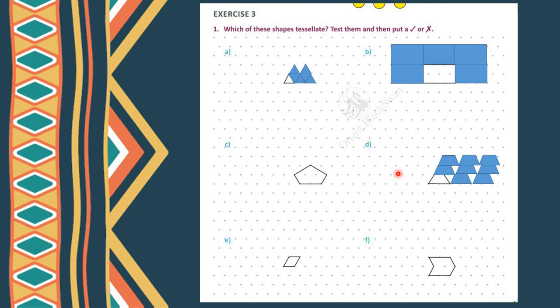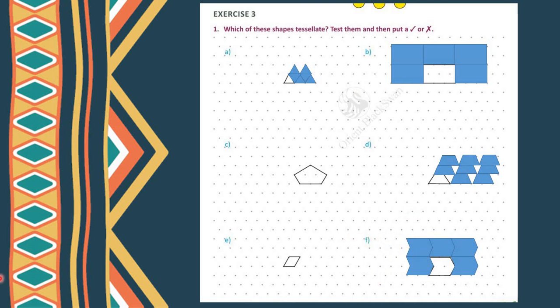So we will say that this shape or this tile does not tessellate. Let's observe one more part. In F part, the tile given to you may repeat itself like this without leaving any gap. That means it fits exactly with one another, right? So that means this shape is also tessellating itself.